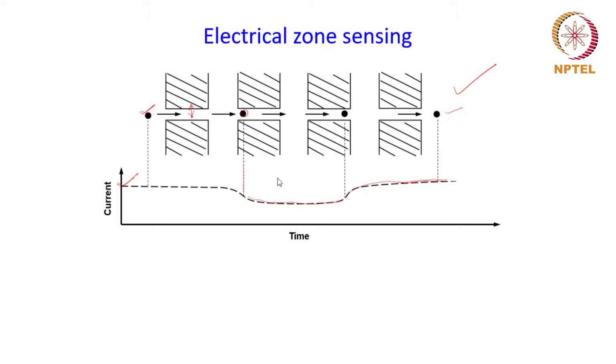This drop in the conductivity when the particle moves into the aperture is recorded in this technique and used to calculate the particle size, because the change in the current or the conductivity is proportional to the volume of the particles flowing into the aperture.